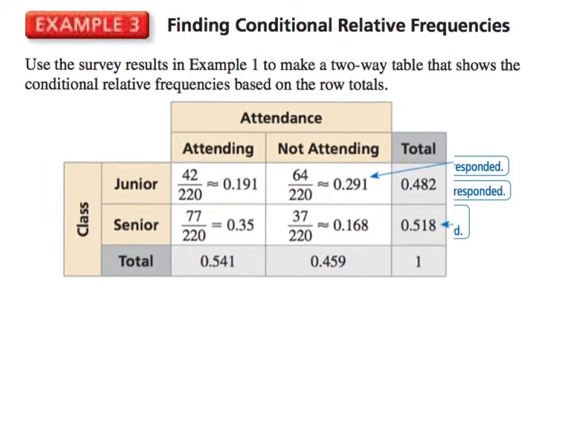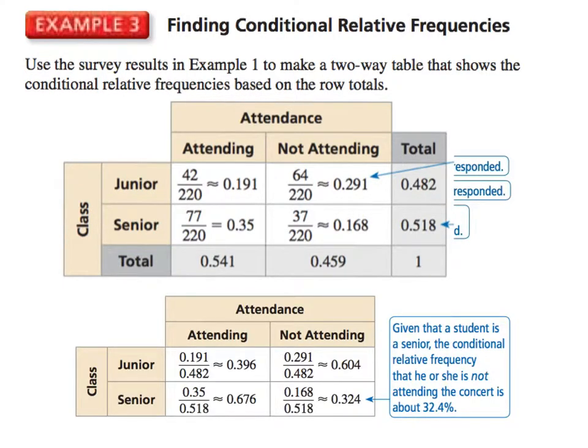So to do the conditional relative frequency, notice what we do. We take juniors, which is 0.191, and we divide it by the row. Now notice it says row. If it said column, we would use 0.541 here. But it says row. So we're going to take 0.191 and 0.291 and divide it by our row total, which is 0.482.